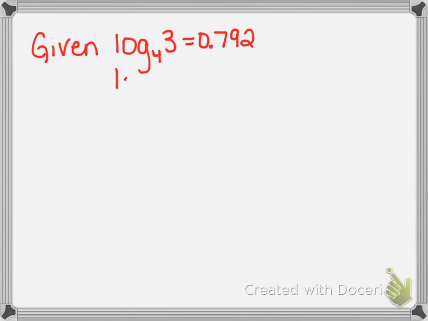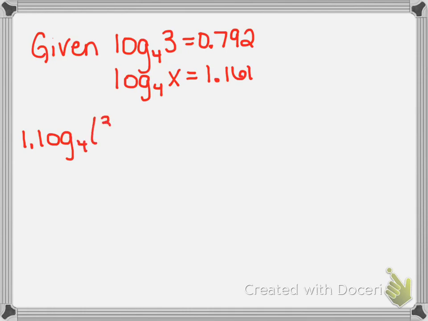And we've been told that log base 4 of x is equal to 1.161. And we're going to use those two givens to evaluate some logs. So the first log we're going to evaluate, number 1, is log base 4 of 36 over x.